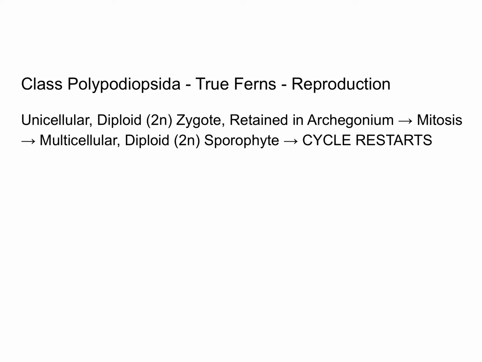On the previous slide, we left off talking about this unicellular zygote that is diploid because it has chromosomes that it got from the egg and the sperm that are now paired up in it. And remember that the zygote is retained within that female reproductive structure, the archegonium, and this helps to provide protection and nourishment.